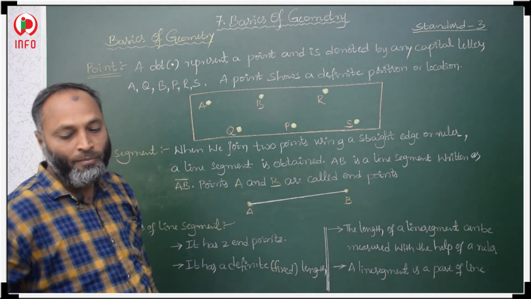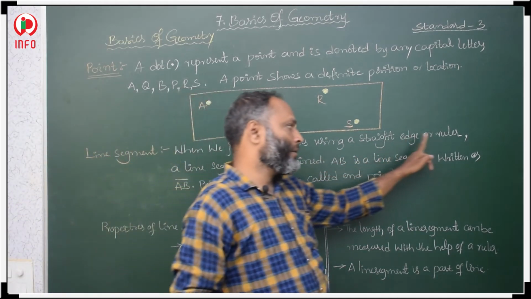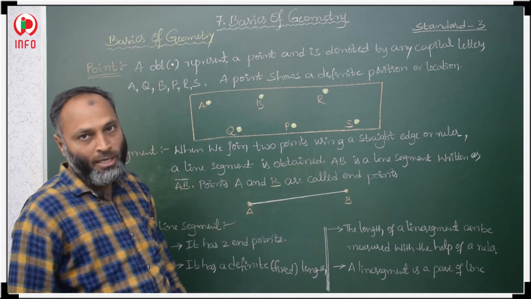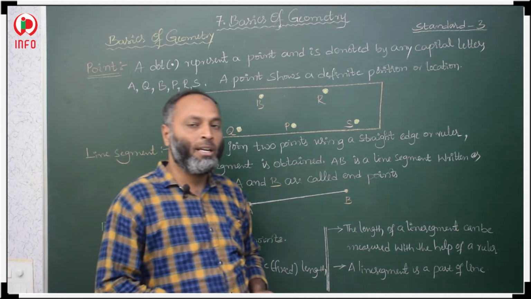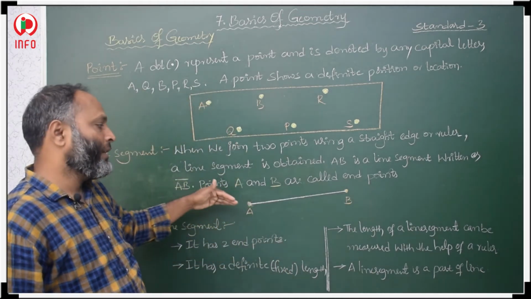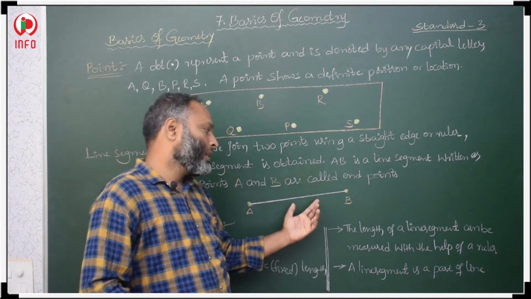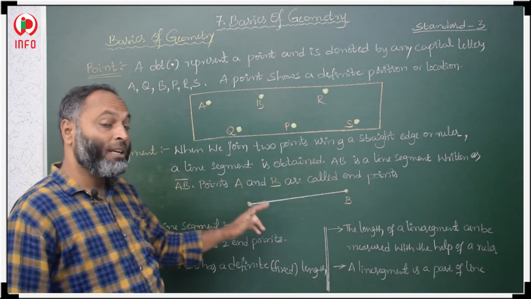After joining these 2 points with a straight edge or a ruler, what do we obtain? If we join any two points with a straight edge or a ruler, we obtain a line segment.